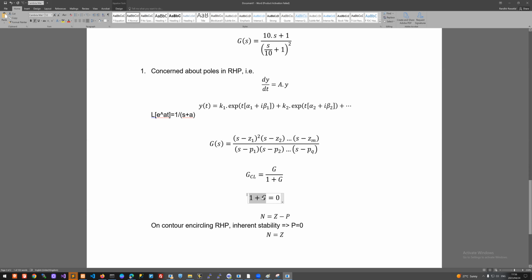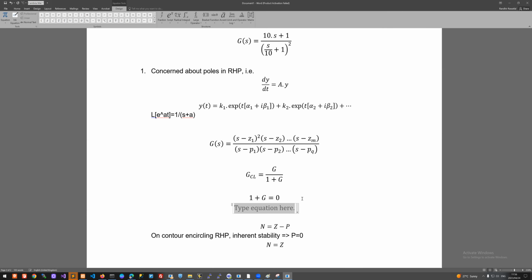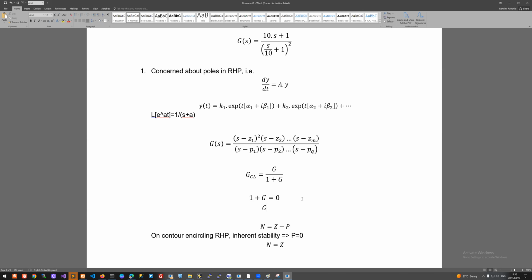And this function encircling 0, 0 is the same as G itself encircling -1, 0, right, because of the +1 over here. So instead of worrying about this equals 0, you worry about G encircling -1, 0. Okay, so that's just kind of revising the logic for this.